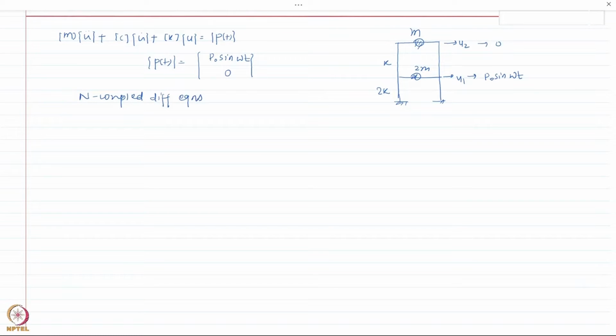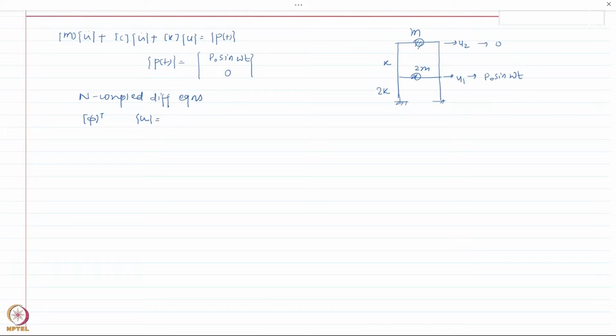Like we did for the solution of the free vibration response of undamped and damped systems, we are going to uncouple these n coupled differential equations by multiplying them with the modal matrix transpose and writing my displacement vector as a sum of contributions to displacement in each mode.